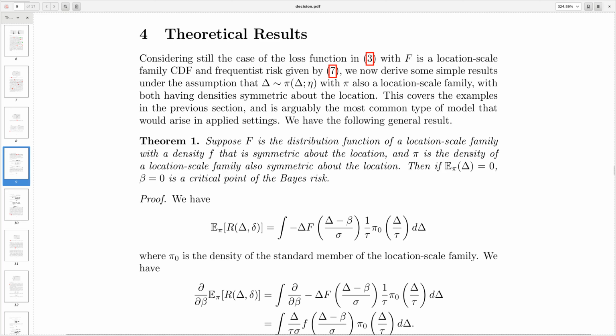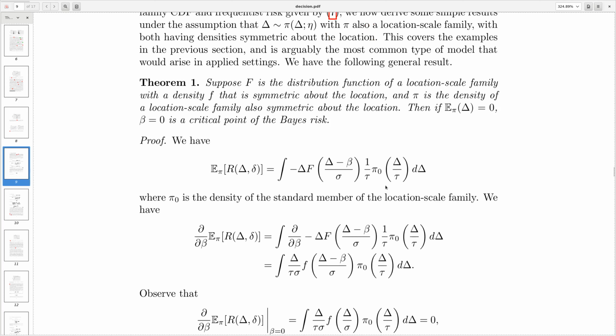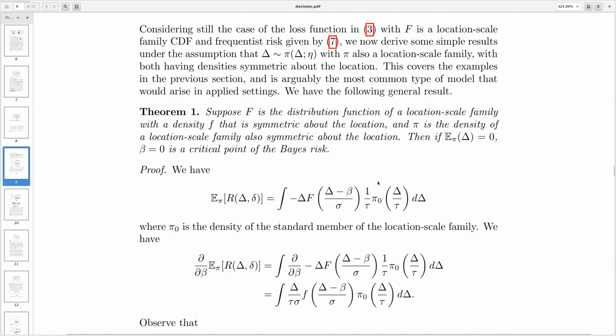Suppose F is a distribution function of a location scale family with a density that is symmetric about the location, and P is the density of a location scale family also symmetric about the location.